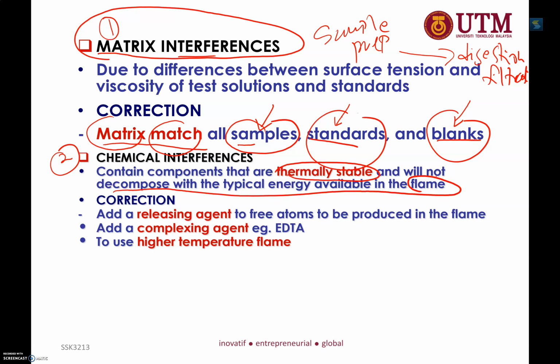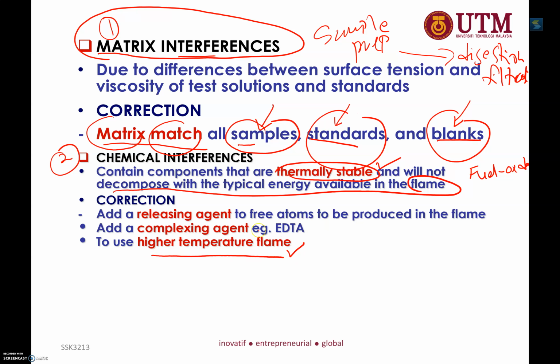Remember we learned the fuel-oxidant list: air-acetylene, nitrous oxide-acetylene, natural gas and air. Those are available at certain temperatures. If you have a thermally stable analyte, the best thing is to use a higher temperature flame.